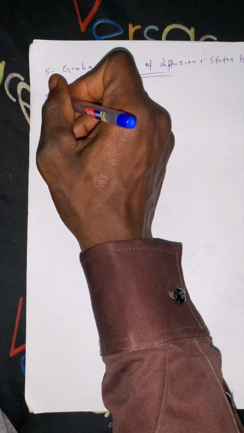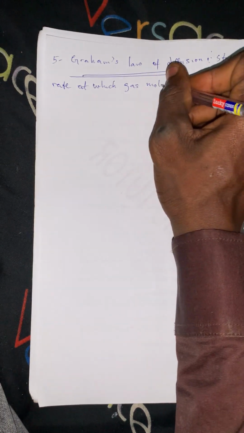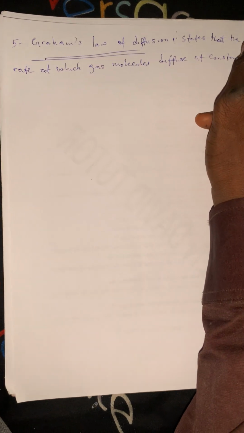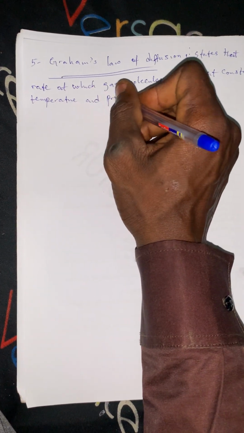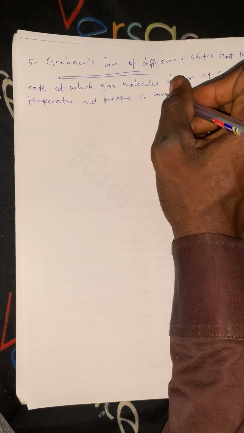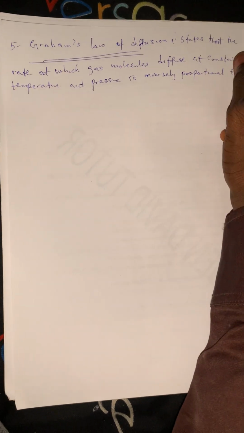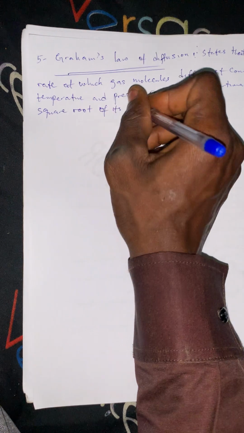Now, Graham's law of diffusion states that the rate at which gas molecules diffuse at constant temperature and pressure is inversely proportional to the square root of its density.